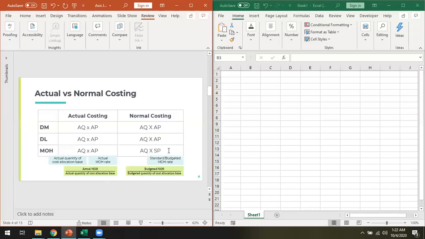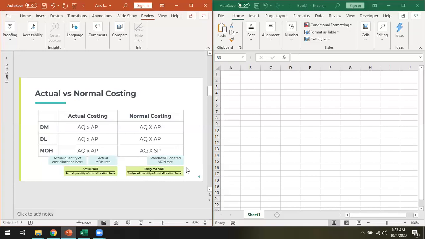But for manufacturing overhead, we change the actual price to the standard or budgeted price, or SP. How do we calculate the budgeted manufacturing overhead rate? Again, it's pretty similar. We divide the budgeted manufacturing overhead cost by the budgeted quantity of the cost allocation base.